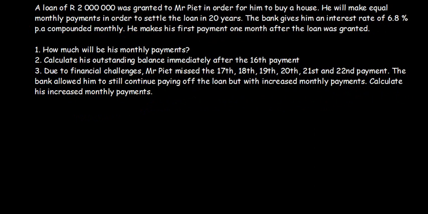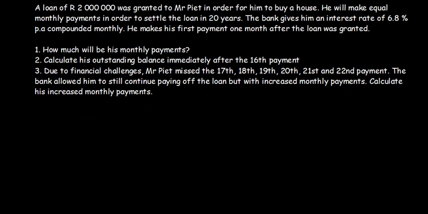Then the bank allowed him to still continue paying off the loan, but with increased monthly payments so that he can still settle the loan in 20 years. What will be his increased monthly payments? When a question says something like this, take note of this type of question. You must be very, very careful there.